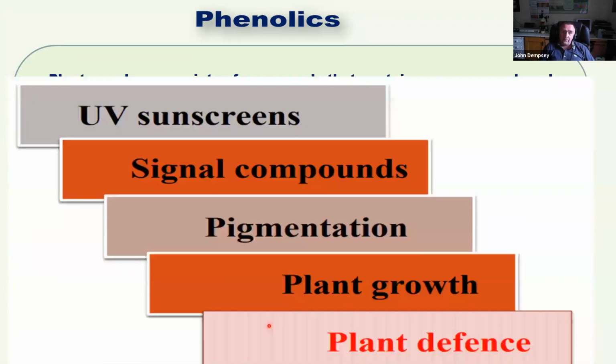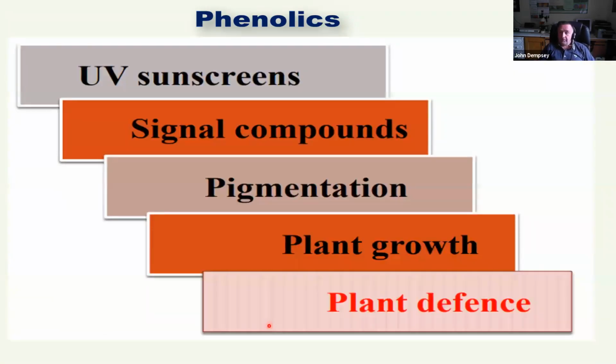They have a lot of functions in plants, these phenolics. That's just some of them. For example, they form ultraviolet screens, so they help protect against heavy sunlight. They produce a lot of signaling compounds for various processes. Pigmentation: anthocyanins are phenolic compounds, so a lot of the pigmentation molecules in plants are phenolics.